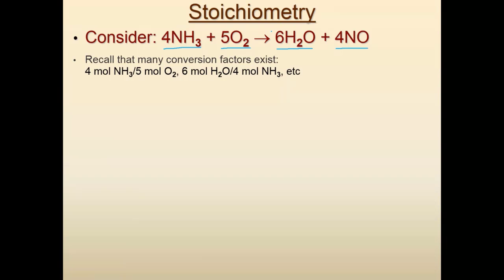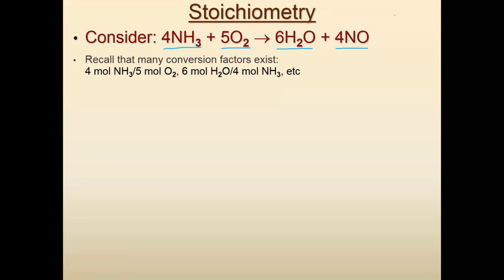So 4 molecules of NH3 react with 5 molecules of oxygen to form 6 molecules of water and 4 molecules of nitrogen monoxide. However, because a mole is 6.02 times 10 to the 23rd molecules, the mole ratio and the molecule ratio are the same.